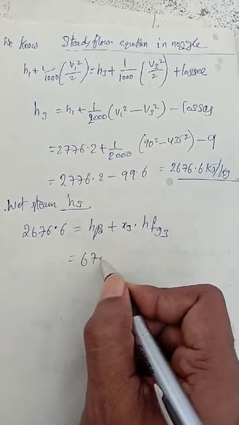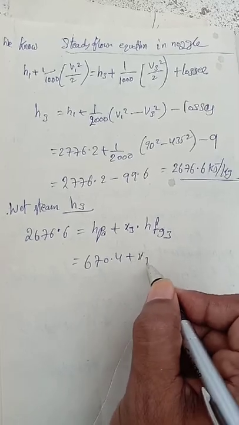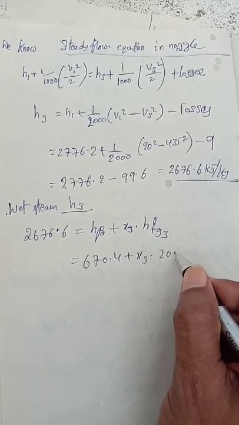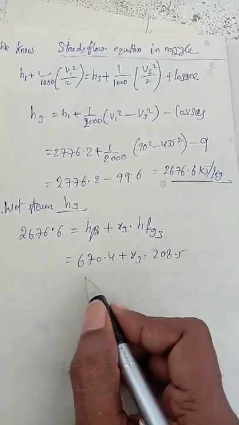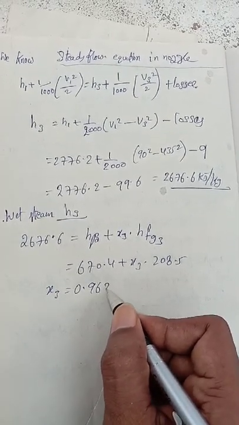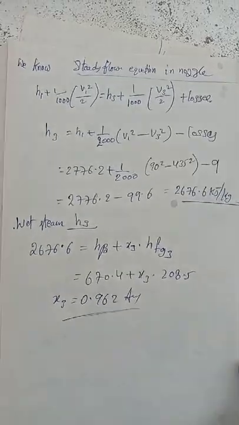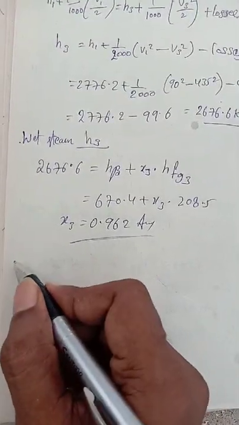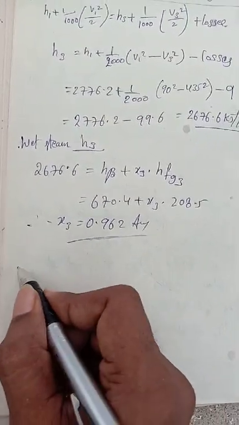Now substitute the values here, we will get the dryness fraction at the exit. Okay, at the exit the dryness fraction you can find. So therefore x3 is coming.